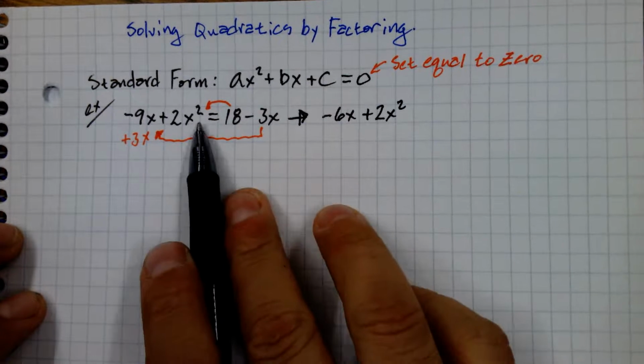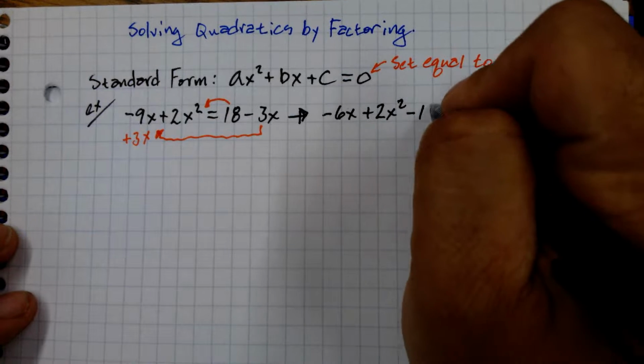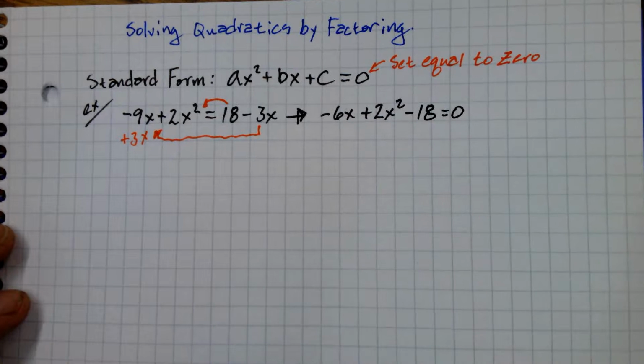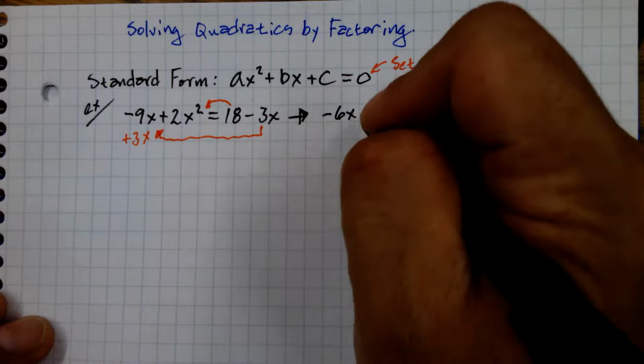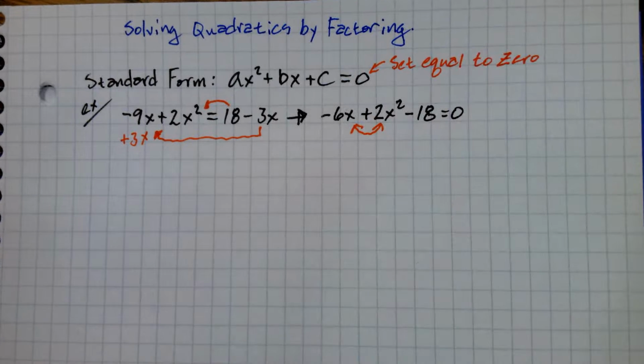And then we brought over 18, negative 18 equals 0. We're almost there. Just have these trade places. They don't have to switch signs because we're just moving within the same side.